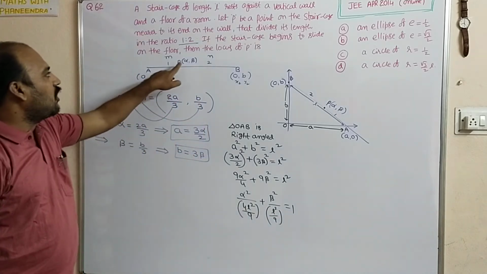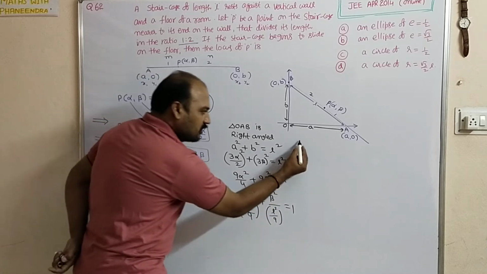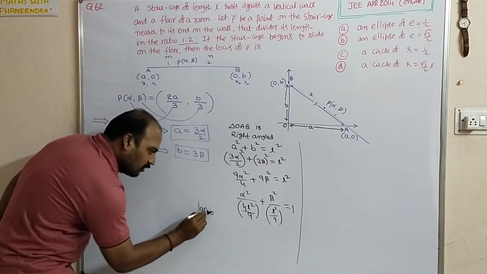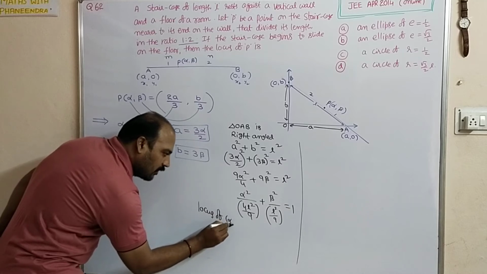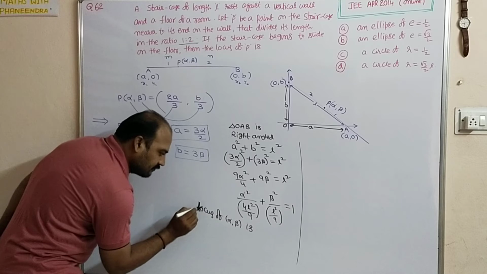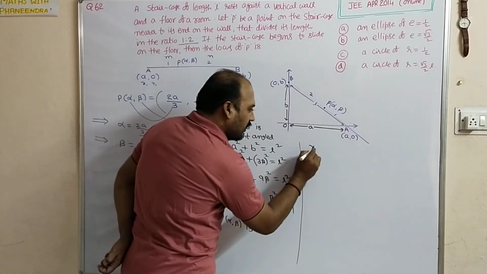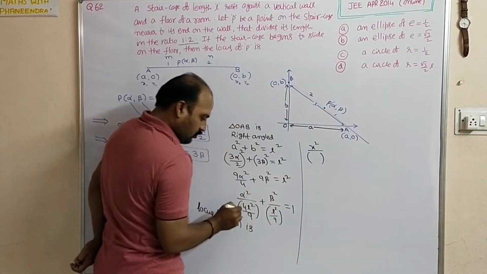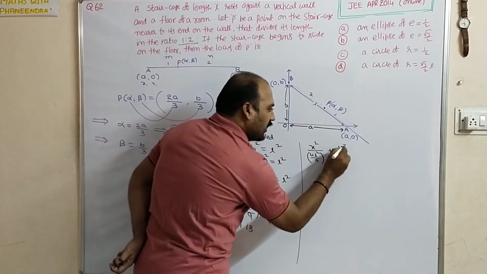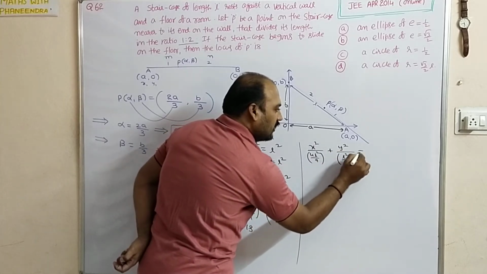So the locus of alpha beta means in place of alpha comma beta you have to write x comma y. So the locus of alpha comma beta is x square by 4L square by 9 plus y square by L square by 9 is equal to 1.